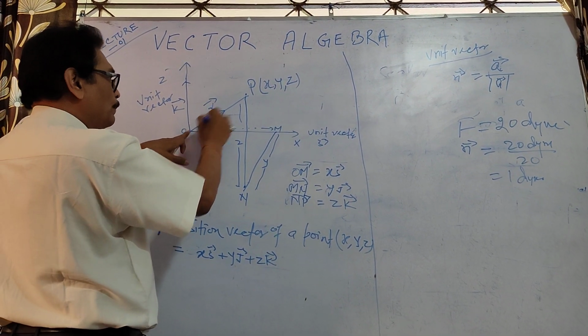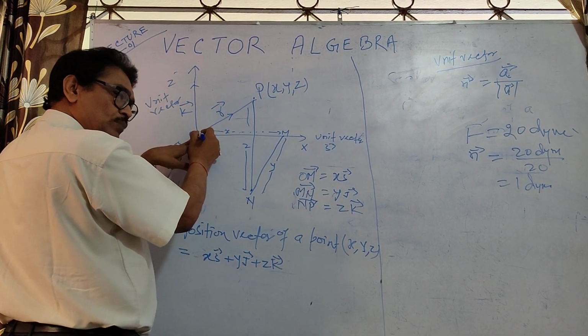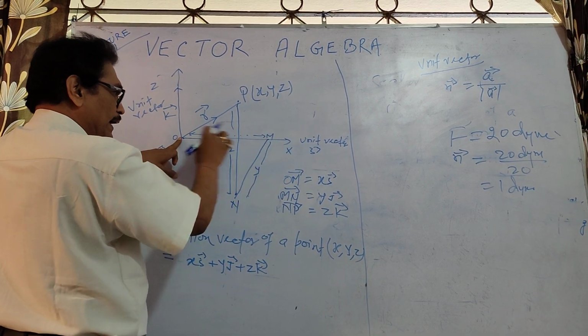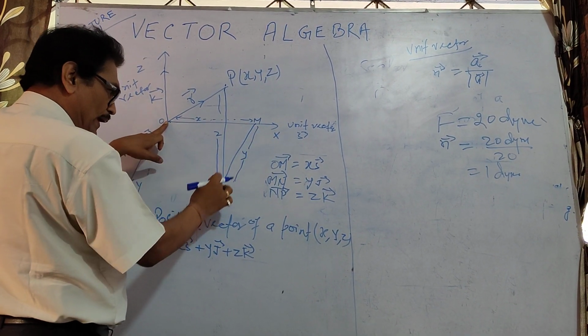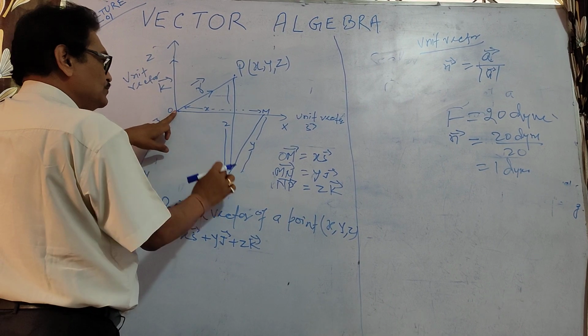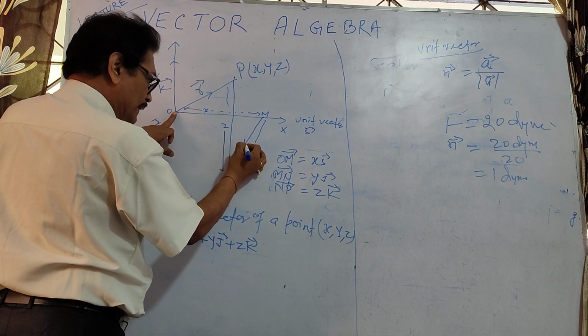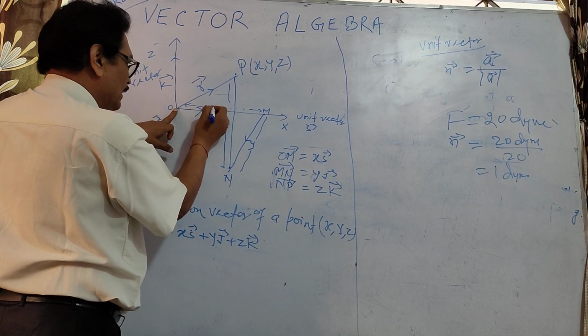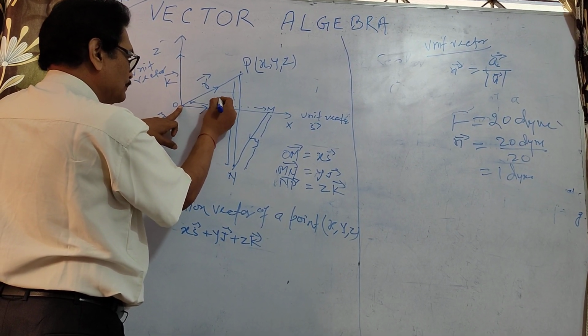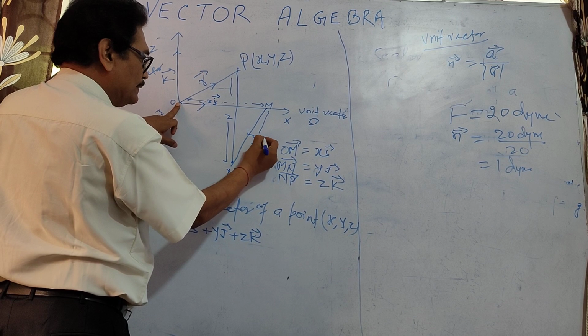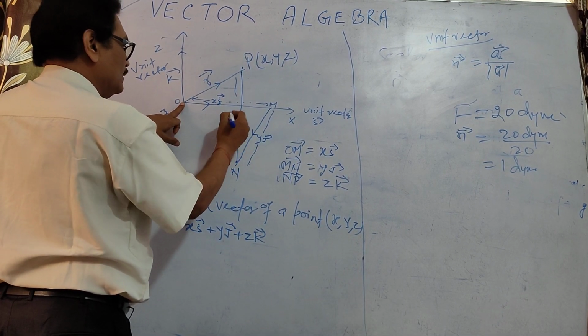So the position vector of point P from origin is xi plus yj plus zk. If this one is a vector, we can write xi, we can write yj, and we can write zk.